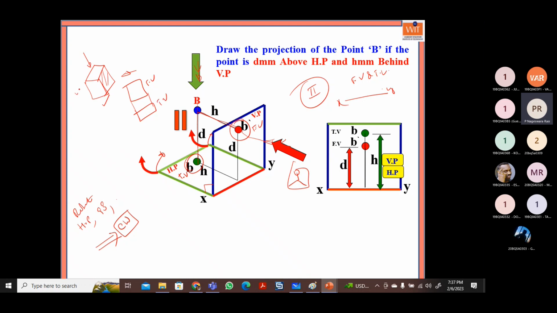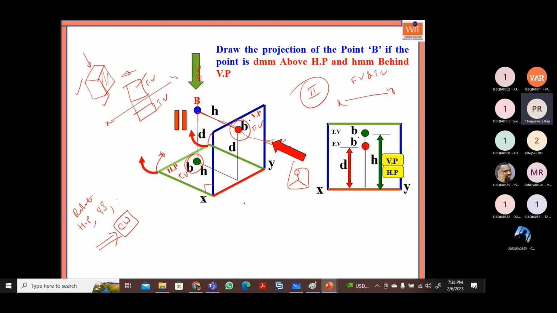If we assume this is in the first quadrant, we will get separate images like this: above the XY line the front view, below the XY line the top view, so that we can observe clearly the image in the front view as well as the top view, so that I can visualize, I can imagine how the 3D object will be by looking at these two views, front view and top view. By observing this 2D diagram, I can imagine the three-dimensional object, how it is.